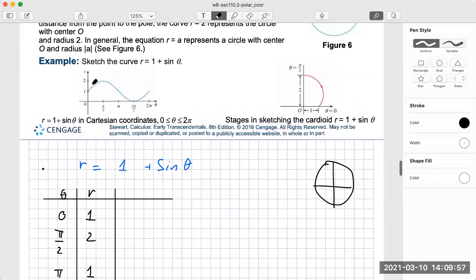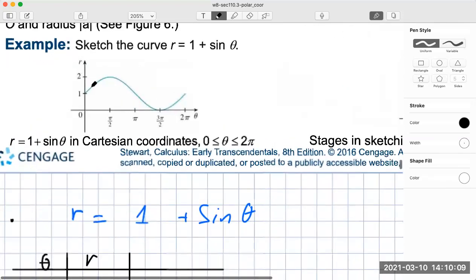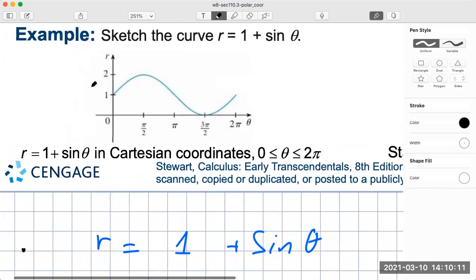This is the sine function, right? If we plot r and theta here in Cartesian coordinates, let us zoom in here. This is the sine function shifted up 1 unit.